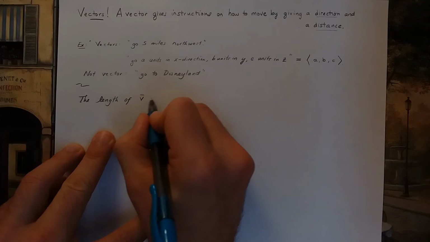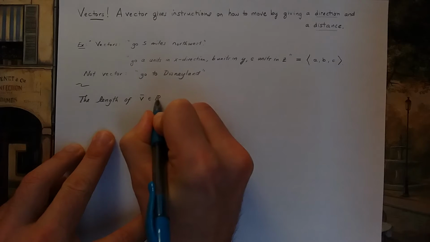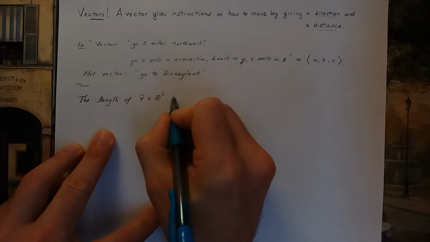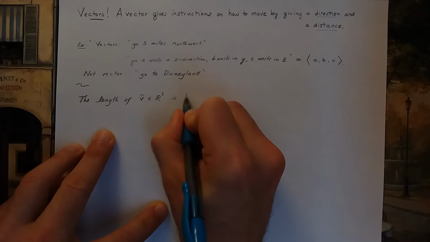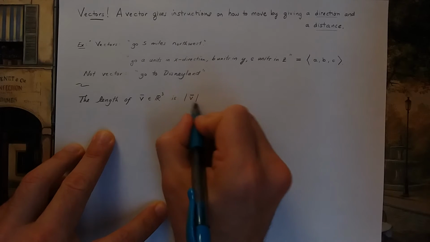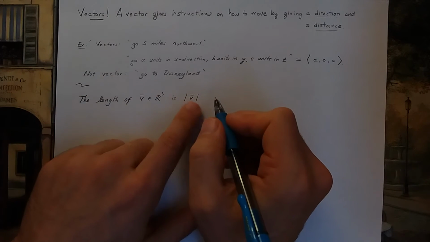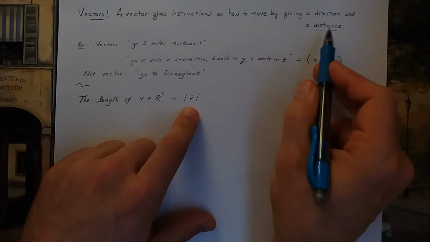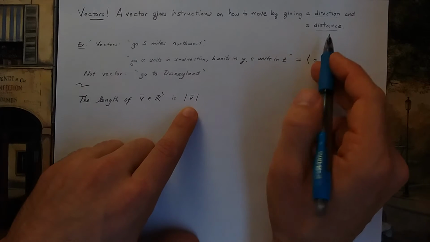So the length of a vector v, let's say I'm in R3, is given by writing down the vector with these two absolute value looking bars around it, but it's not absolute value. This is actually the length of the vector, giving you the distance traveled.